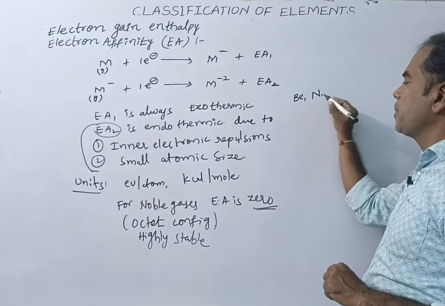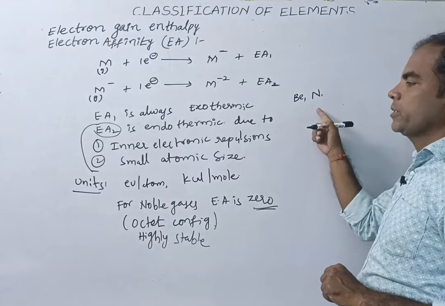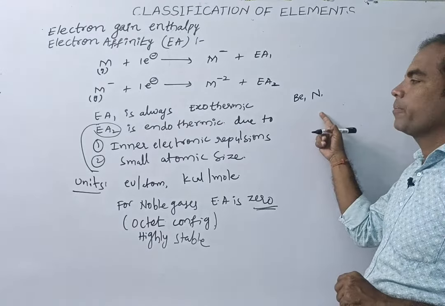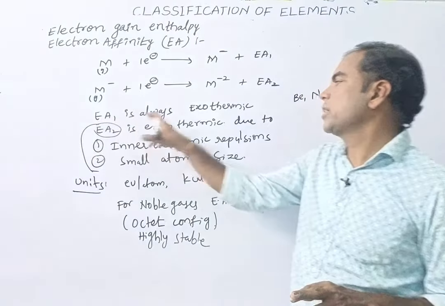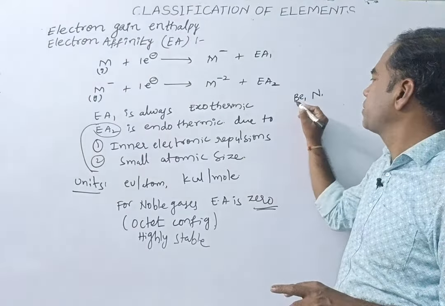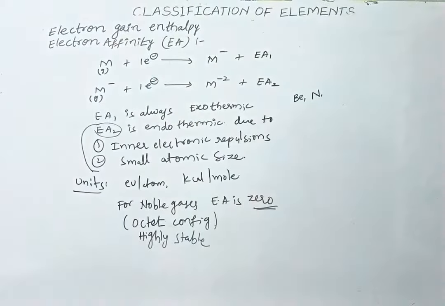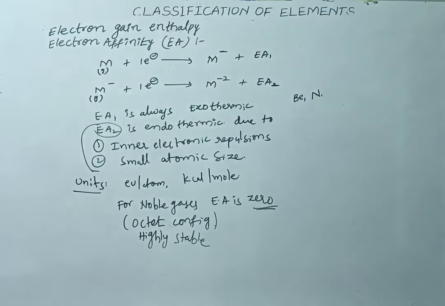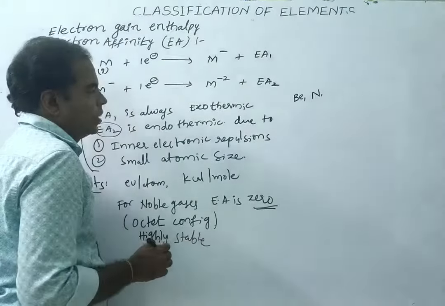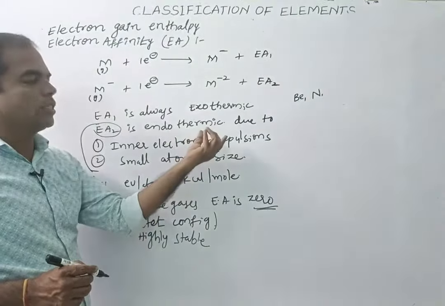For Be and N, the first electron affinity is endothermic. Generally, first electron affinity is always exothermic, that is negative, except for beryllium and nitrogen, whereas second electron affinity is endothermic. To overcome the repulsions, the energy is utilized.